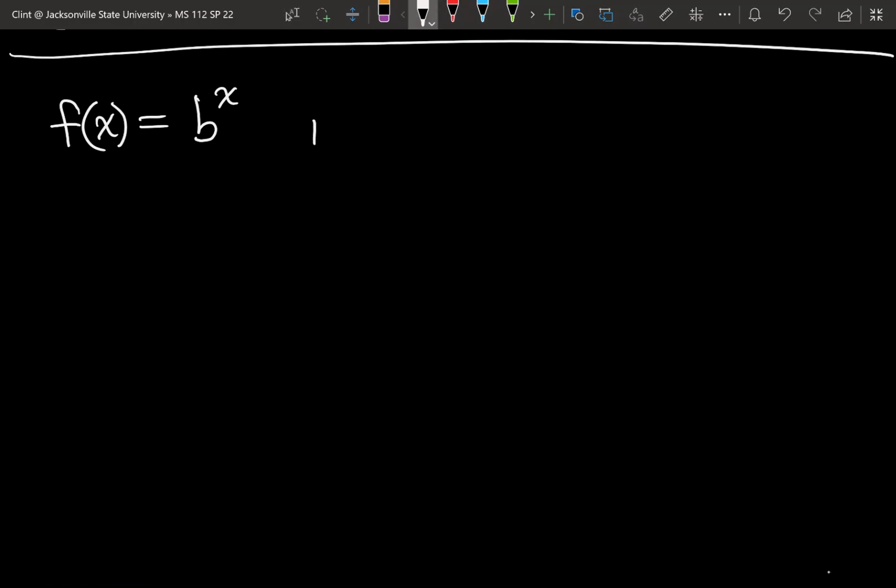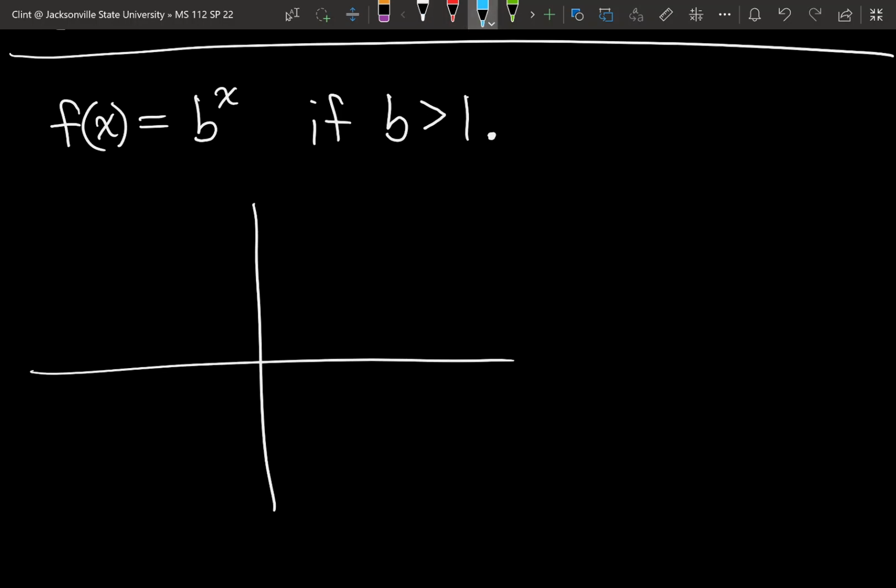Okay, so if b is positive, not positive, if b is bigger than 1, sorry, and then our graph is going to look something like this.